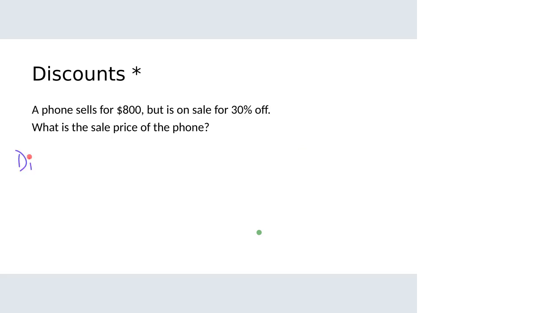And it's sort of natural. The first thing we're going to find here is how much is the discount? And the discount is really just saying, what is 30% of $800? We know how that goes.